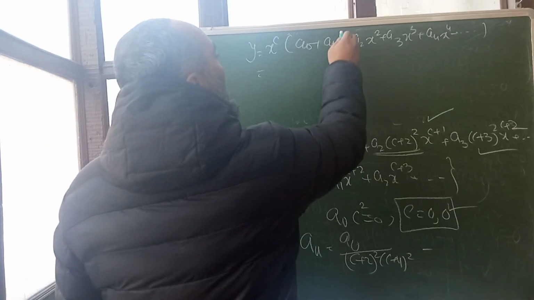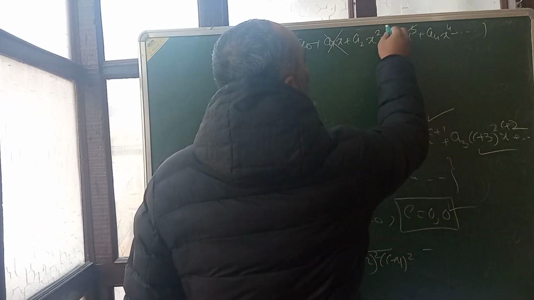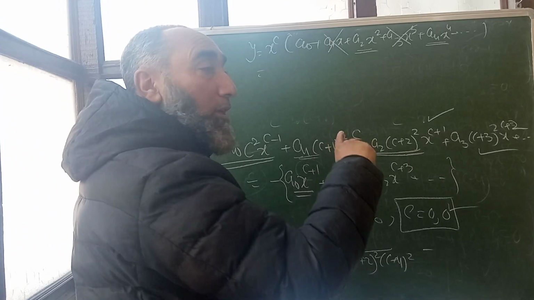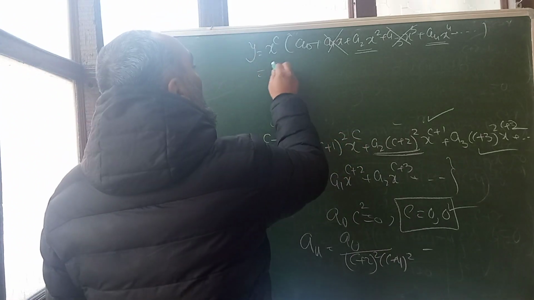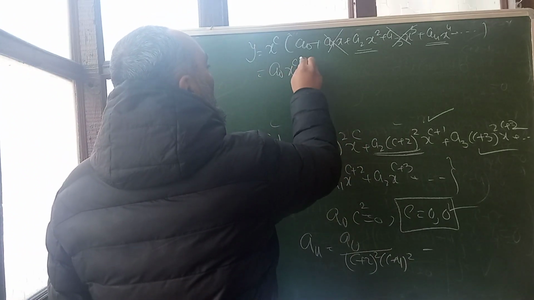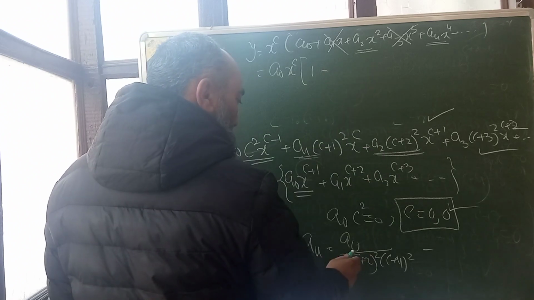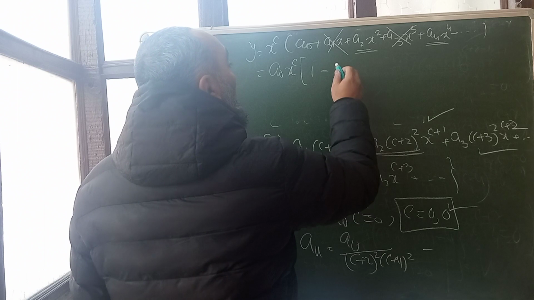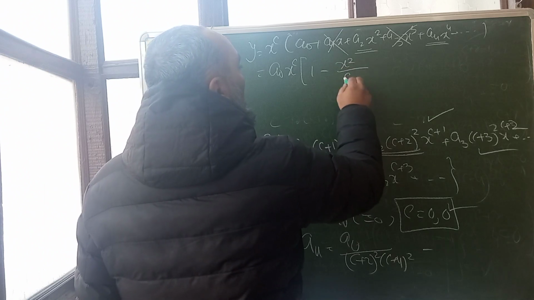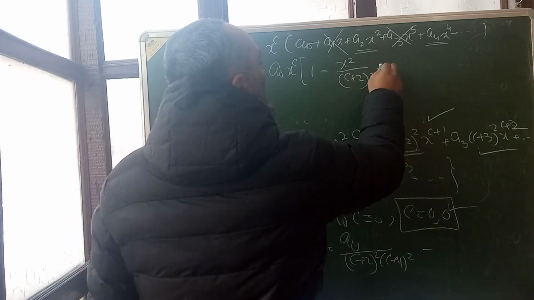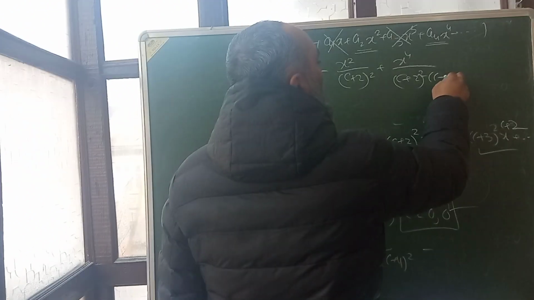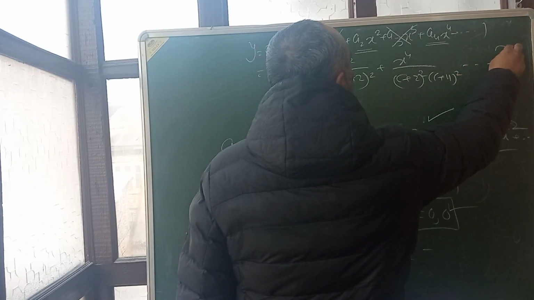A1 is 0, A3 is 0, but A2 is in terms of A0, and A4 is in terms of A2. I will be taking one step down. It is A0 x raised to power C times (1 minus x square by (C plus 2) square, then x to the 4 by (C plus 2) square (C plus 4) square, and so on).